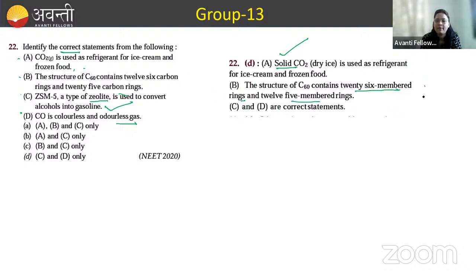Okay, we have 20 6-membered rings, and we have 12 5-membered rings. Here it was said 12 and 25, so that is not correct. Okay. Next, C and D are the correct statements, just as I have told you, and A and B are not correct. That's why option D is the correct answer.